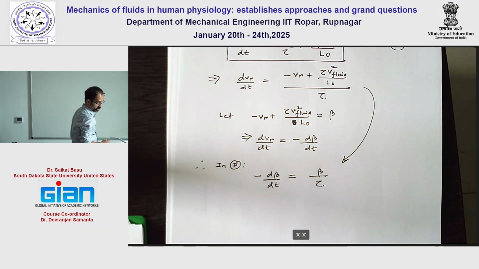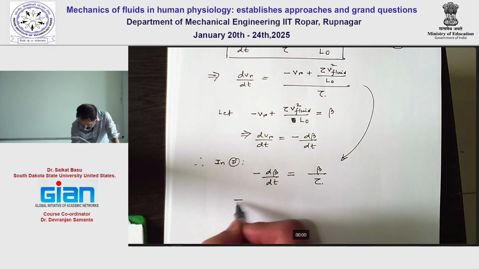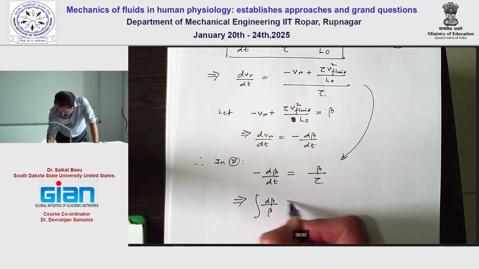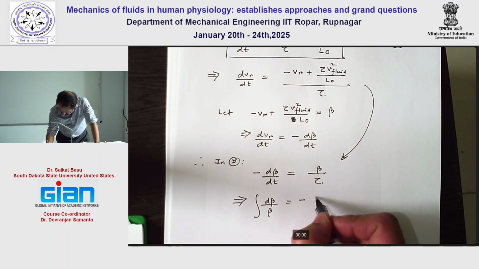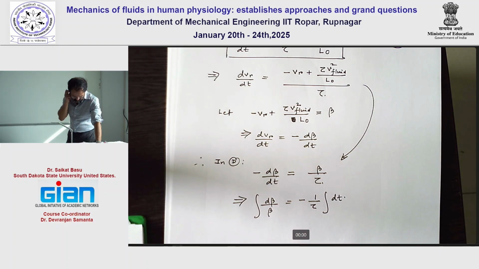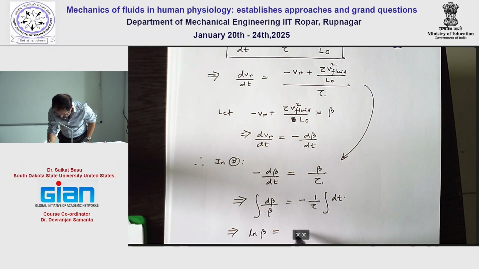Okay, so let's now change the sides and do some integration. d beta over beta equals integral of minus 1 over tau dt. Integrating this becomes natural log of beta equals minus t over tau plus some constant.